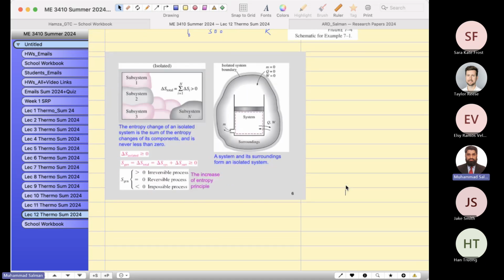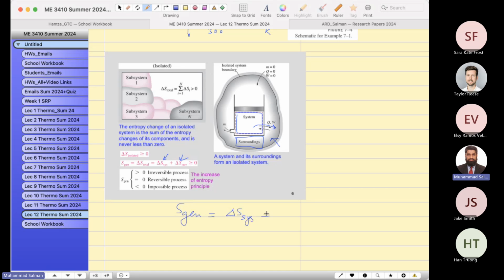This is telling us that the net change of an isolated system is always greater than zero, and entropy generation is system plus surroundings. If you consider system, this is our system, okay? And this is our surroundings. When you lose heat from the system to surrounding, surrounding gains heat, the system loses heat. In the end, overall entropy, which is the entropy generation, you have to consider both.